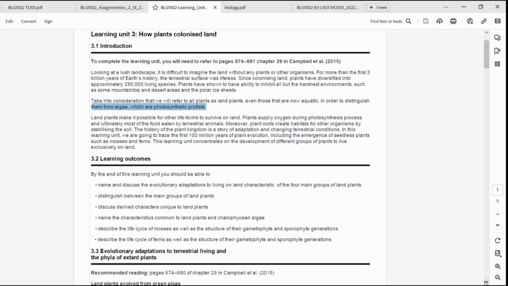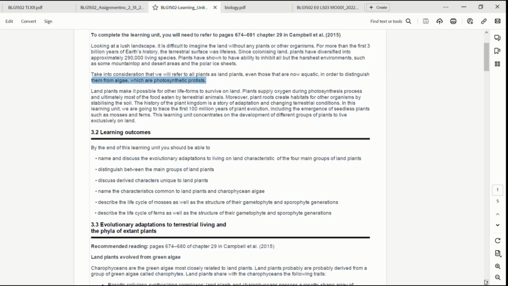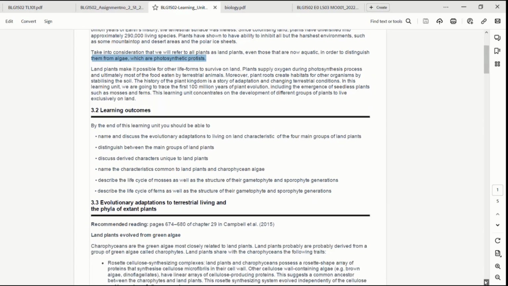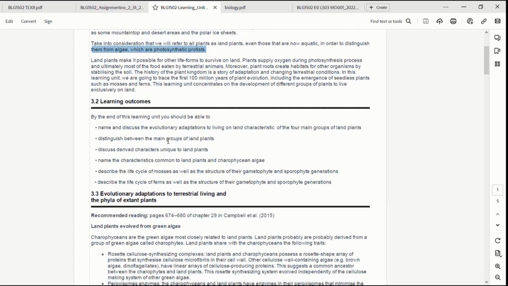If you go through this document, there will be what you call learning outcomes. Learning outcomes are what you need to take out, something that you don't have to miss out, something that you need to make sure you know.